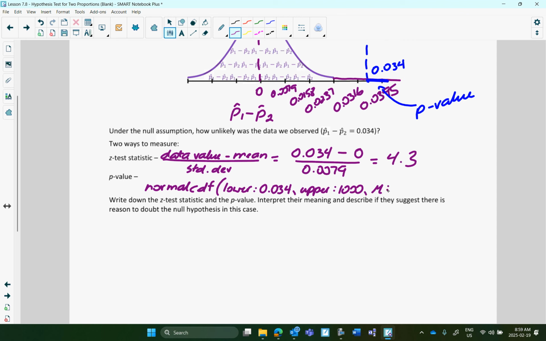Our mean is 0. And our standard deviation is the standard error, which is 0.0079. And when I plug all that in, I am going to get approximately 0.00004. Again, it fits. It's a really low probability of getting that, or even higher.